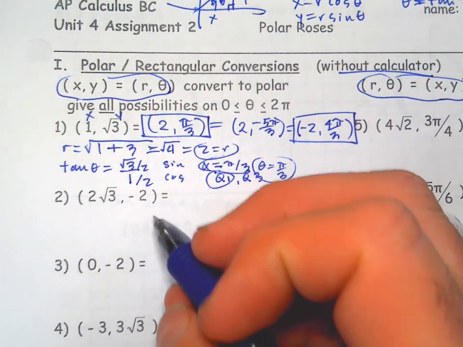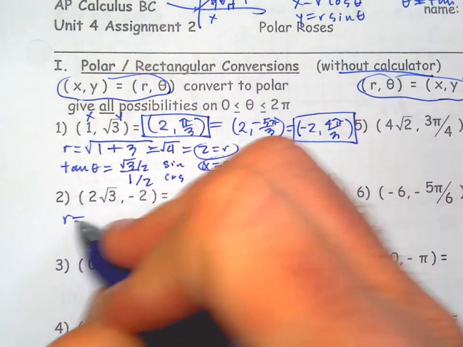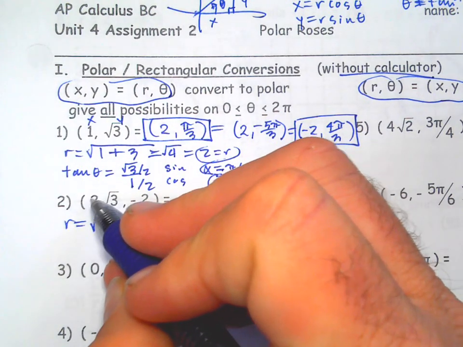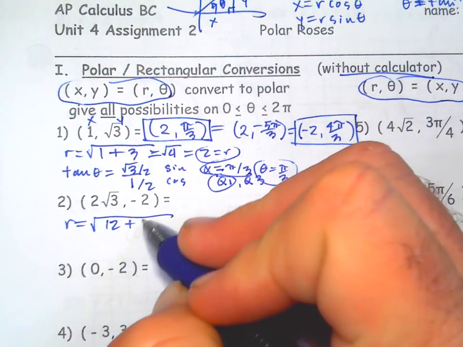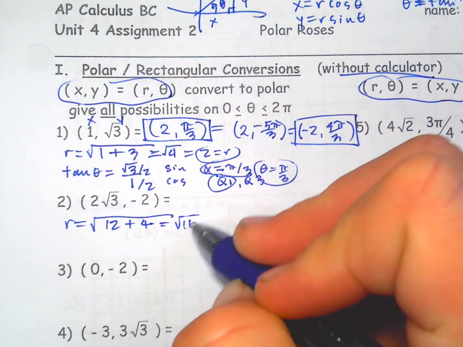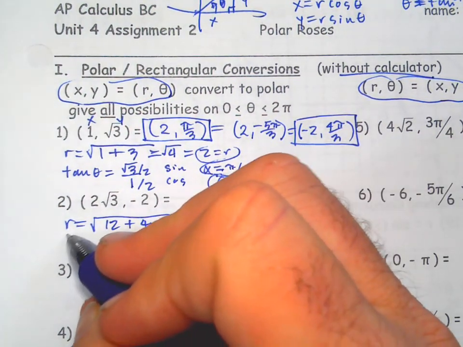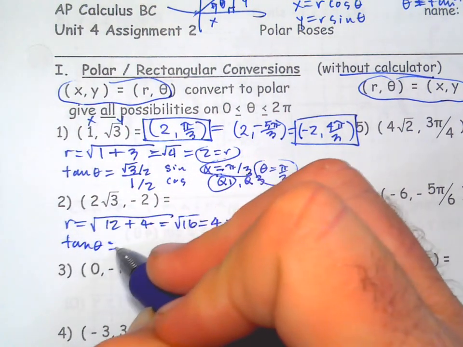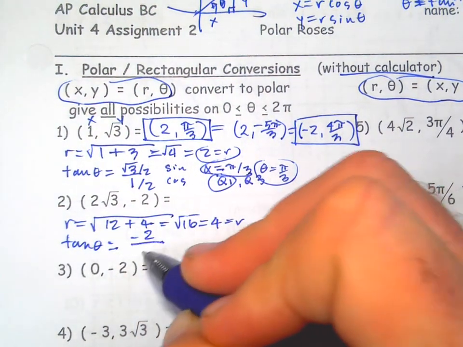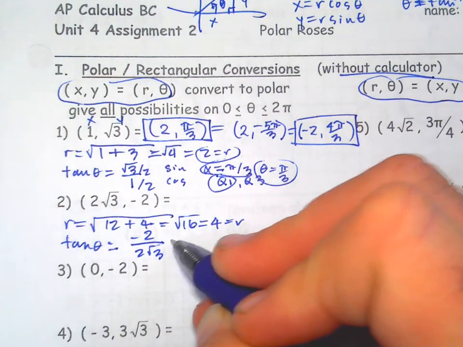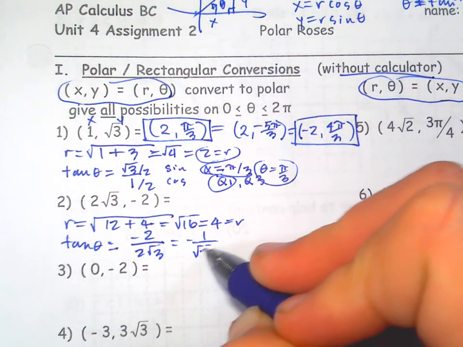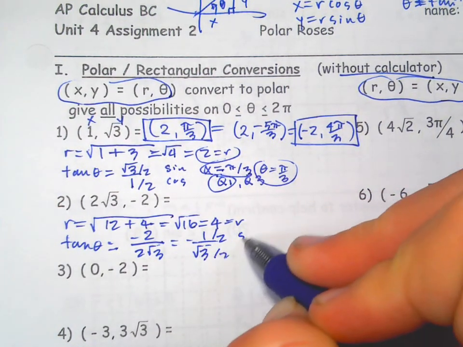Okay, so here r equals, that's going to be 4 times 3 is 12, plus 4 is square root of 16 is 4. That's the radius. Tangent theta equals opposite y over adjacent. So we could reduce that and think of it as sine over cosine.